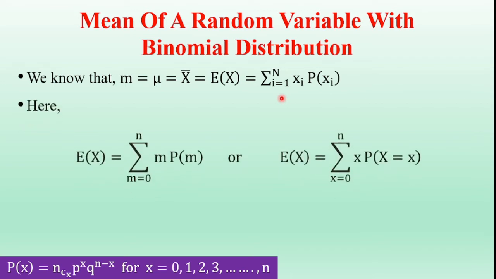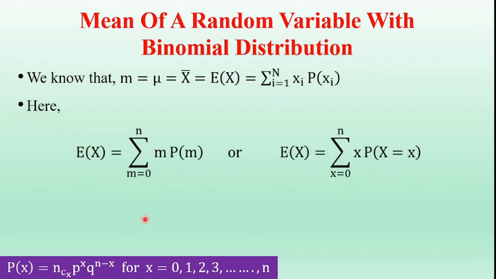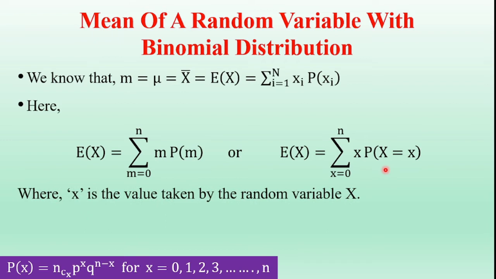Now here, the range of m or the range of x is 0 to n. So the expression is sigma m equal to 0 to n, m into p of m, or sigma x equal to 0 to n, x into p of x, where x is the value taken by the random variable X. So what is the expression of the binomial distribution?